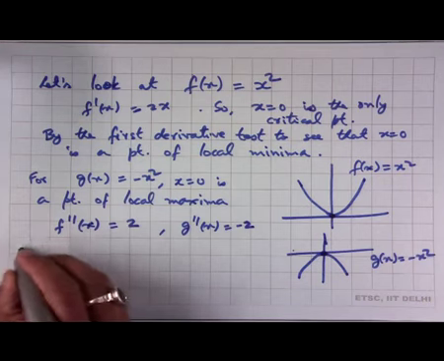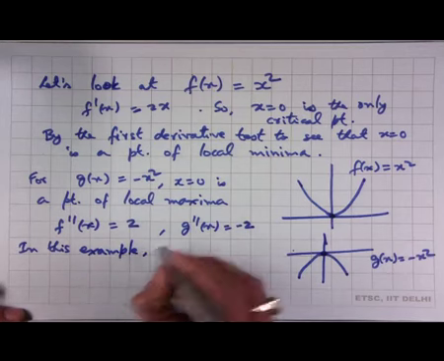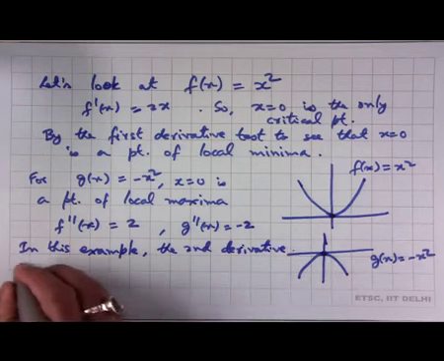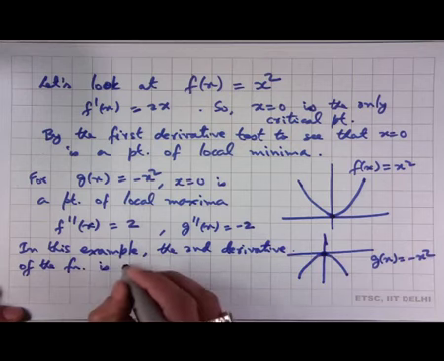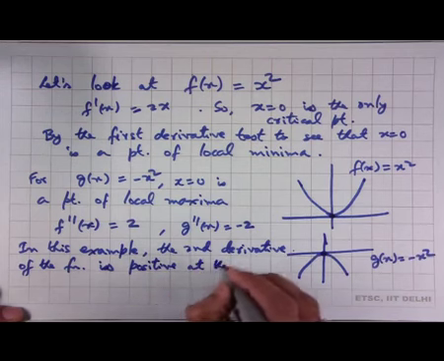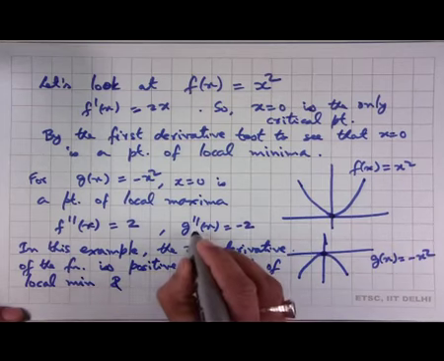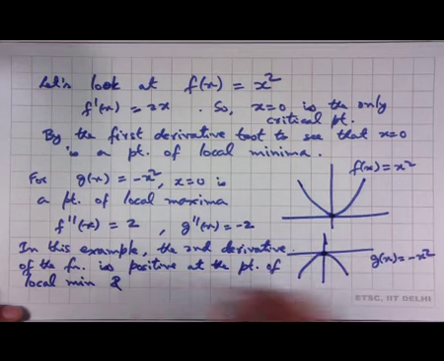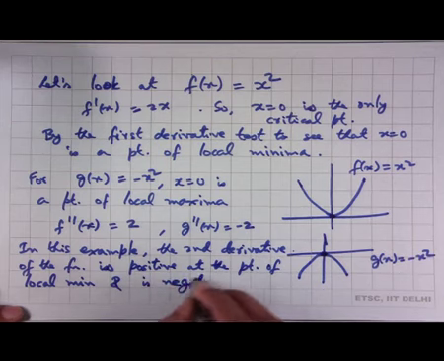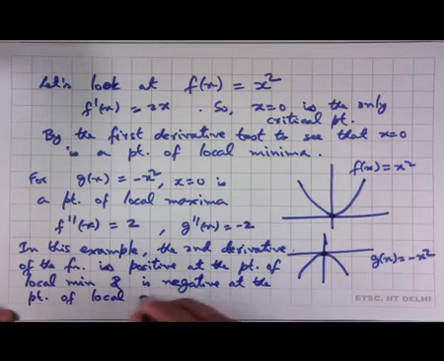So, what we see is that in this example, the second derivative of the function is positive at the point of local minima, and for g of x, which has local maxima at 0, the second derivative is negative at the point of local maxima.